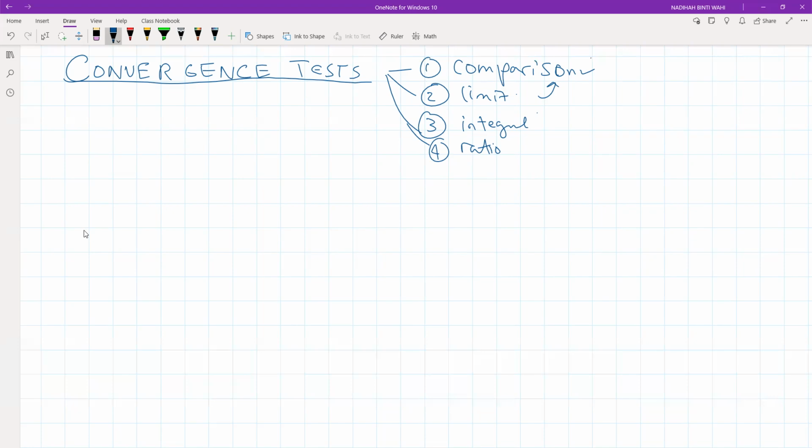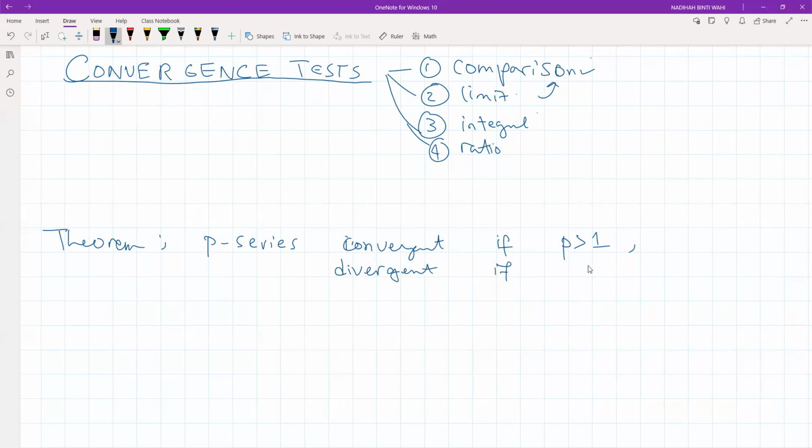Okay, P series theorem. Okay, P series is convergent if P is bigger than 1, and divergent if P is between 0 and less or equal than 1.